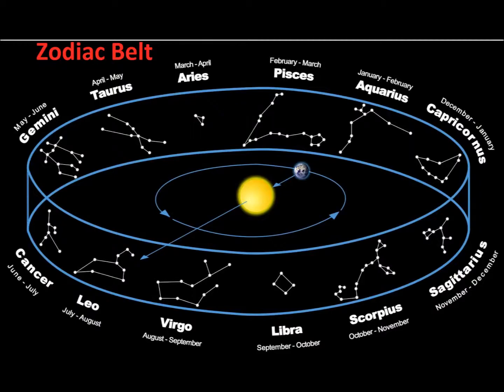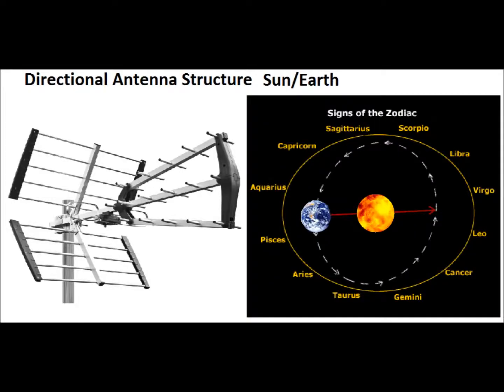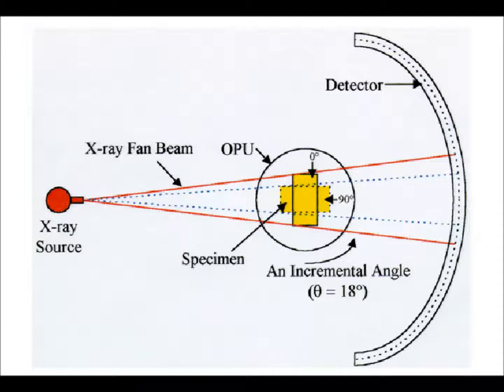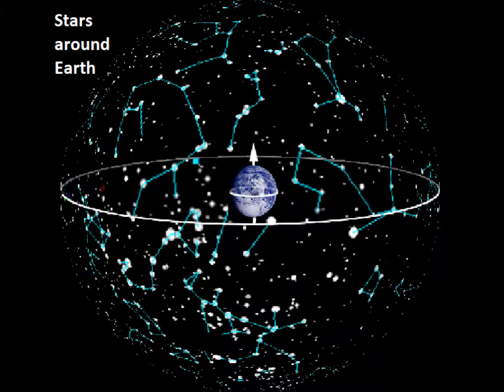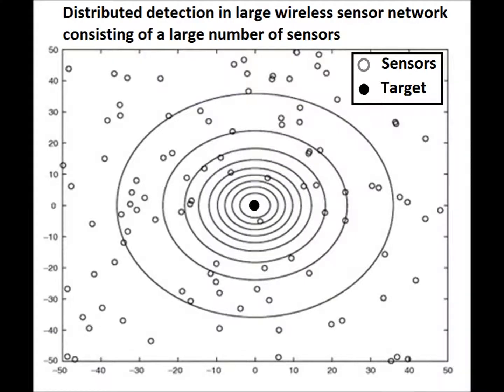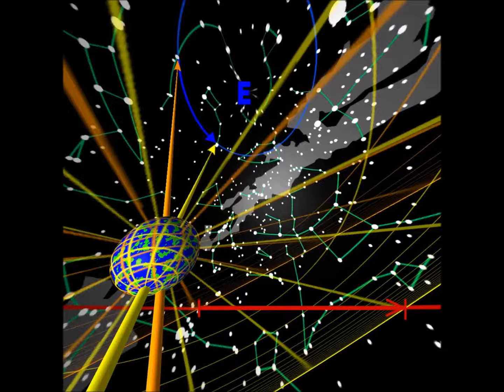The dynamics between the sun and the Earth, and perhaps the moon, seem to be part of a directional antenna and an X-ray unit. And as already noted, the stars distributed around the Earth are also mirror images of a sensor network. This includes the zodiacal belt.